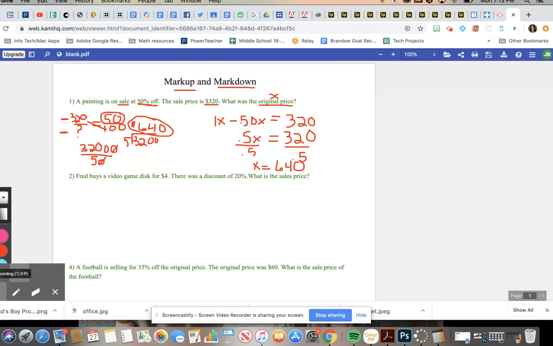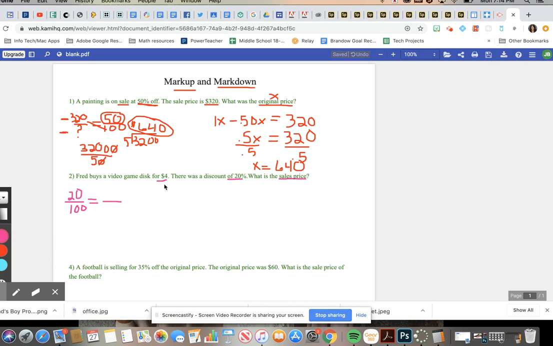Okay, here's our next one. Fred buys a video game for $4. There was a discount of 20%. What was the sales price? So this time we are not wanting the original. We're trying to find the sale price. So let's set up our proportion to start. 20%, we know we can write that as a fraction as 20 over 100. And then equals.